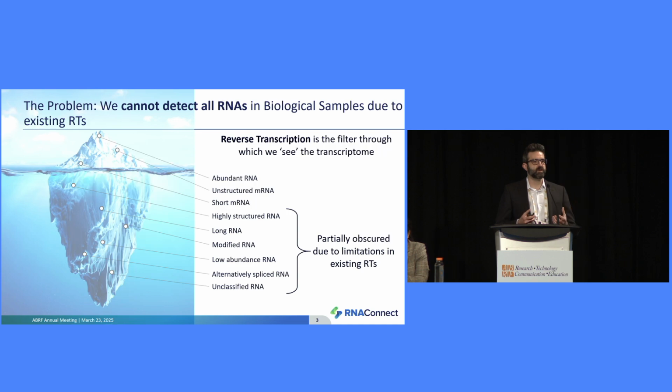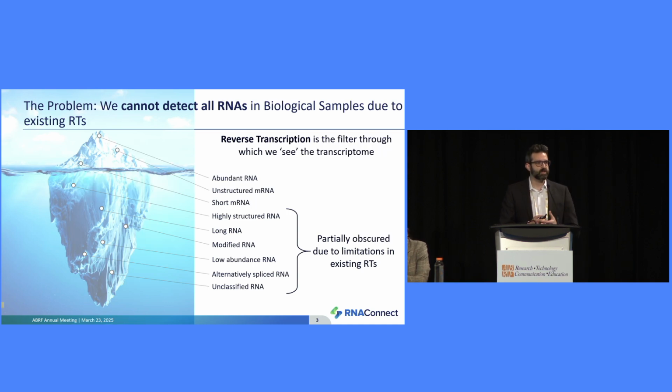As RNA researchers, we can't detect all of the RNA that's in a given sample. We can only analyze a subset of it. If it's highly abundant, short, or unstructured, no problem. But once you start to probe the more complex RNA, like really long, highly structured, modifications, different isoforms, you start to hit into the limitations that these RT enzymes have.